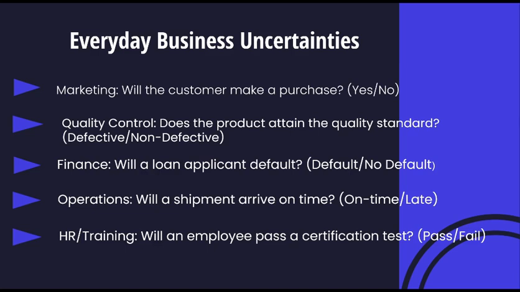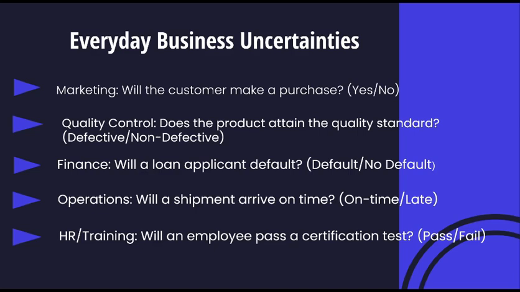Now, let us look at operations. Will a shipment arrive on time? Many a time we order things online, as per our convenience. Some products might be such that a delay of a day or two doesn't matter much, but some products you are waiting for eagerly, and you expect the delivery before the date promised by the marketing company which is selling the product.